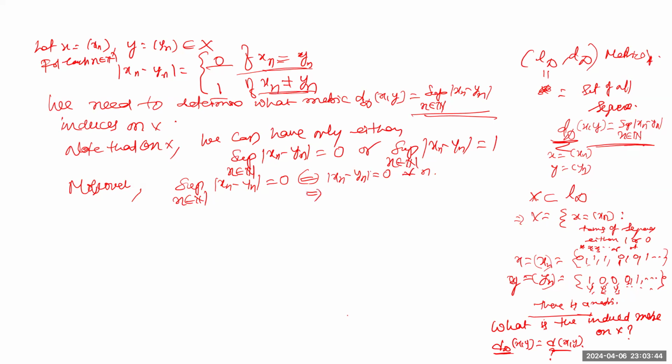So that implies x_n is equal to y_n for all n, so the sequence x is equal to y.